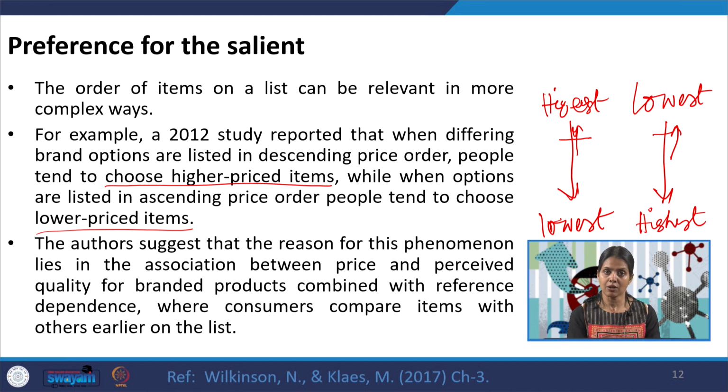So, here alongside the preference for the salient or prominent item in terms of appearance, there could also be the impact of perceived quality for branded products, at least when the prices are arranged in descending order, where consumers compare items with others earlier on the list.